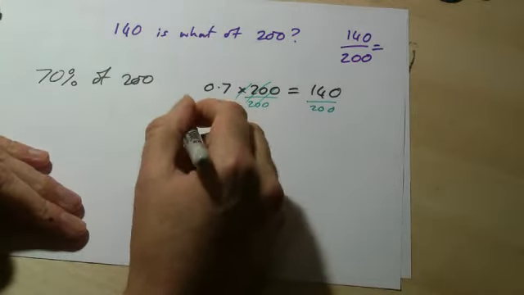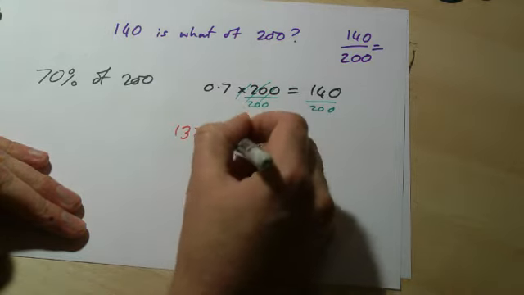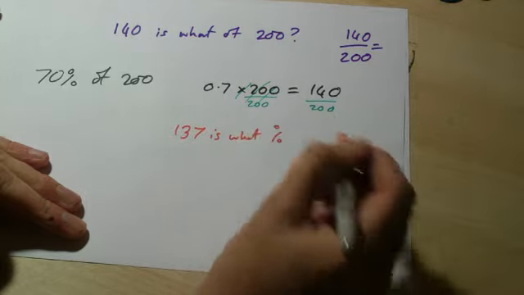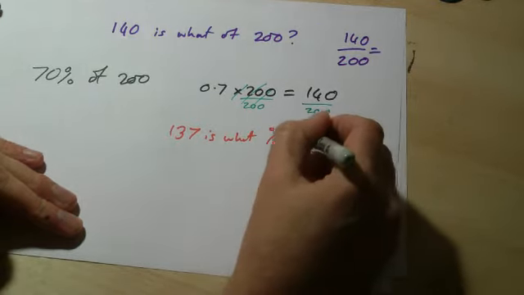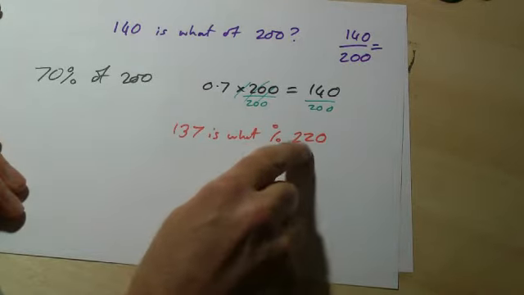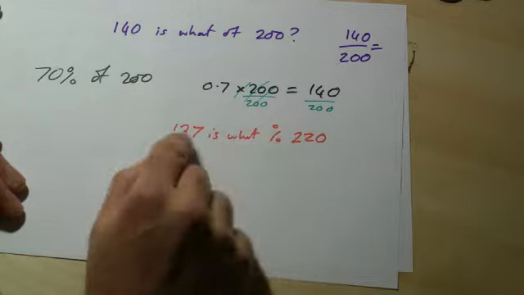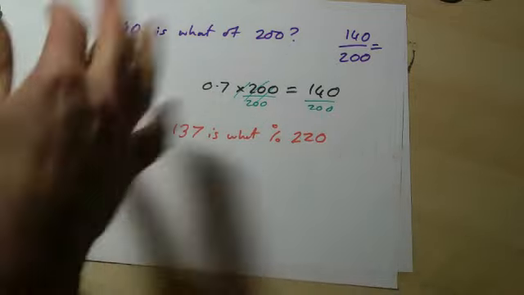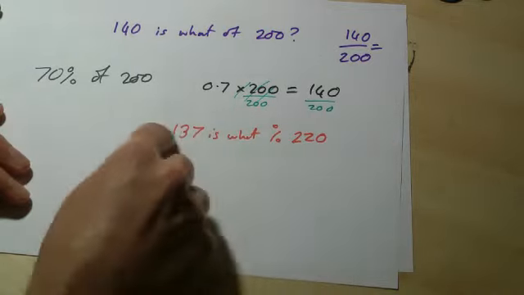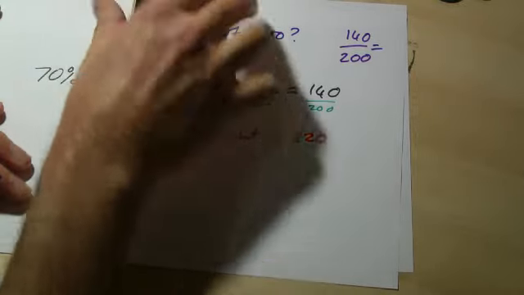But let's just try one out just randomly. So let's try 137 is what percentage of 220? Why not? Again, let's just do my estimate. Well, 50% of 220 is 110, so it's going to be a bit more than that. Sorry, it's going to be maybe about 60%. So let's try it.